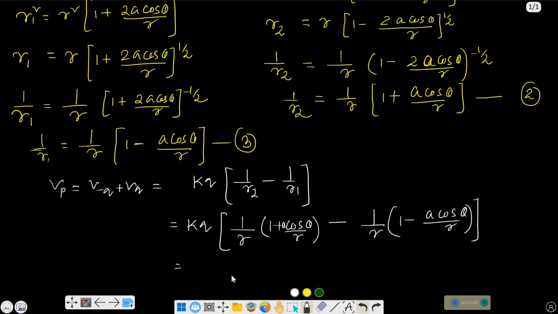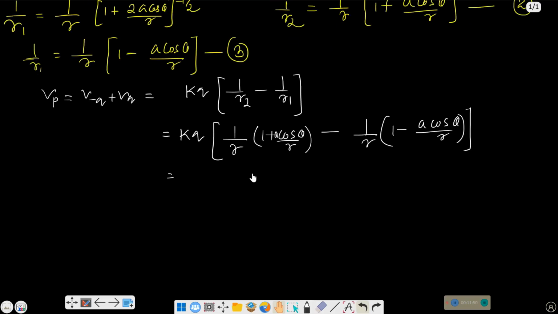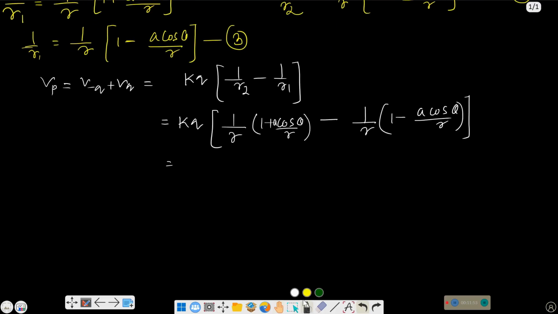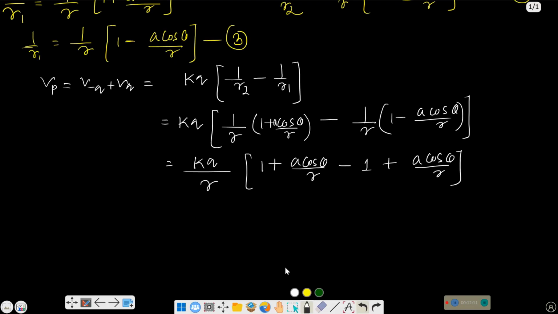Okay, so using this, in kq I can take 1 by r common from both of these, so we will be left with 1 plus a cos theta by r minus 1 plus a cos theta by r. Okay, so from this we can cancel the 1 minus 1 and we will be left with kq by r into twice a cos theta by r.